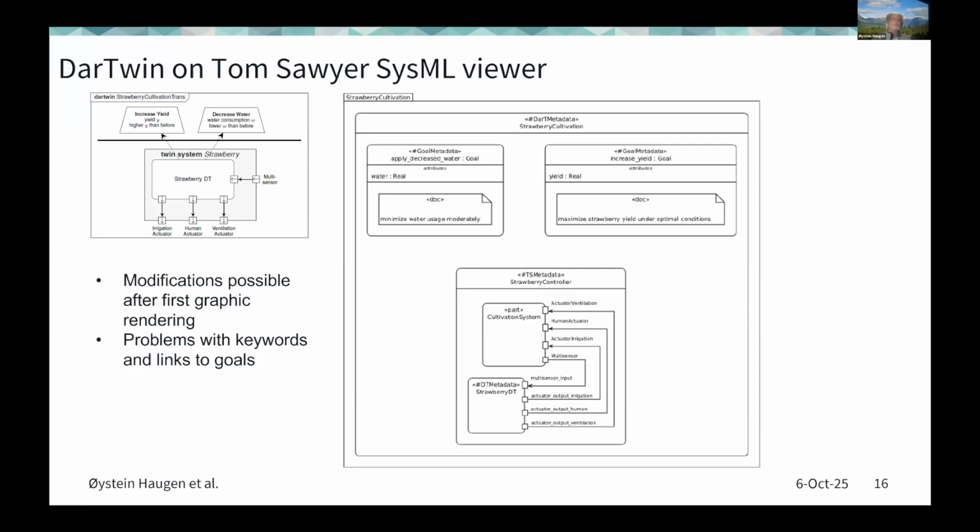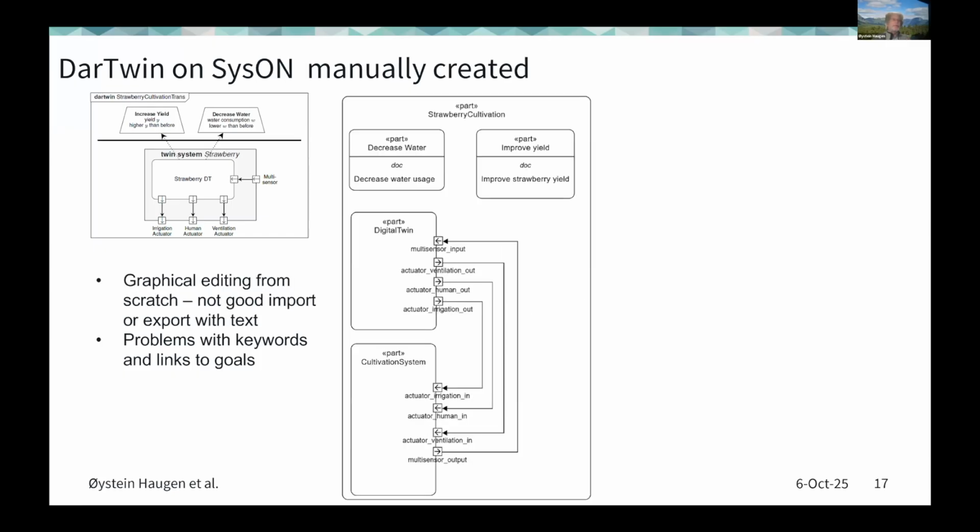The third one takes another road. This tool has decided to focus on graphic editing directly. And as you can see, again, we are able to get the graphics more or less according to what we would like.